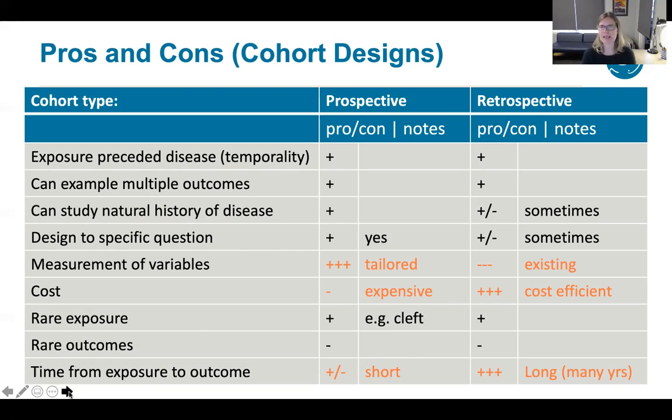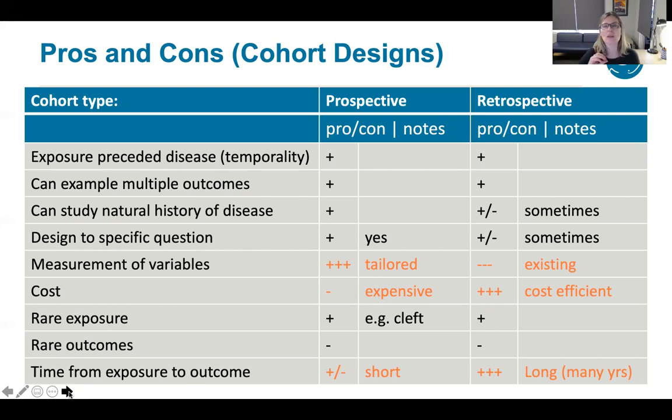We're basically taking data that already exists and classifying individuals as having the exposure or not, and then following them up over time. That makes them very cost efficient. At the same time, we may not have all the data we wanted, because we're relying on data that was already collected, and maybe not for our specific study. That can be a disadvantage of a retrospective cohort.